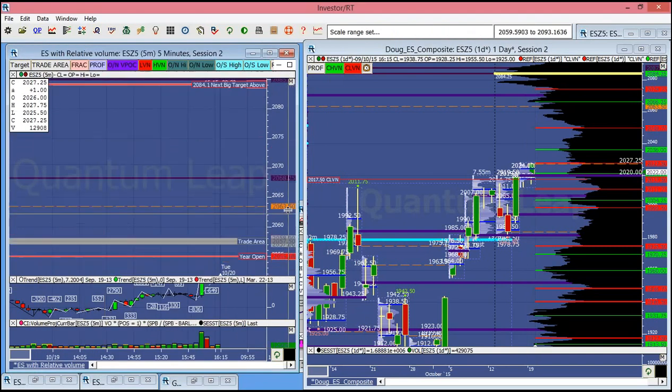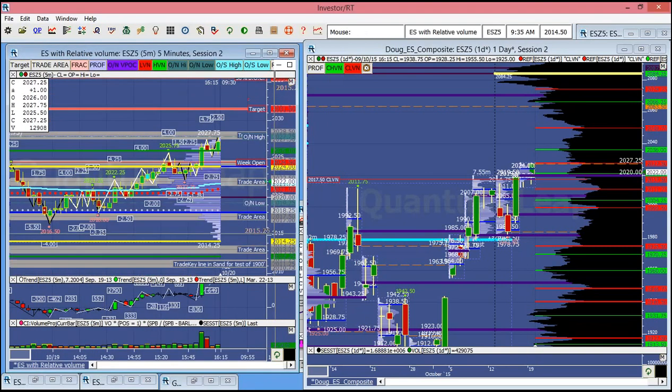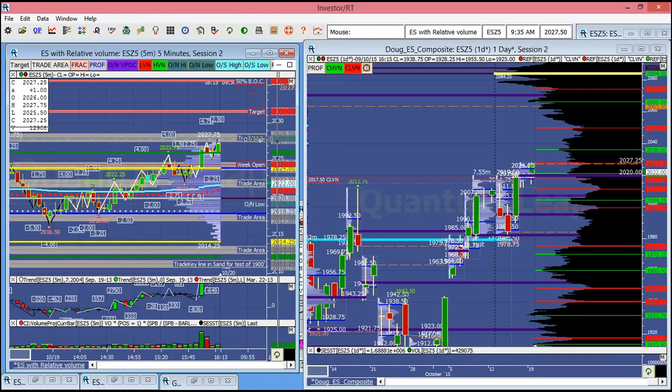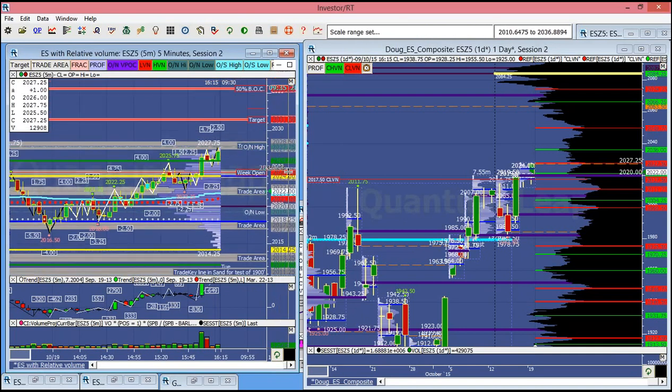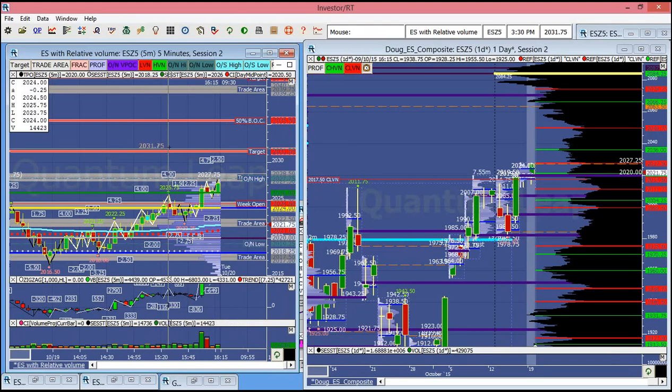All right, so that's what I'm looking at. Again, I think it's going to be a possible trend day, but I'm not looking for a trend until we get above the 31 area and we accept 35.